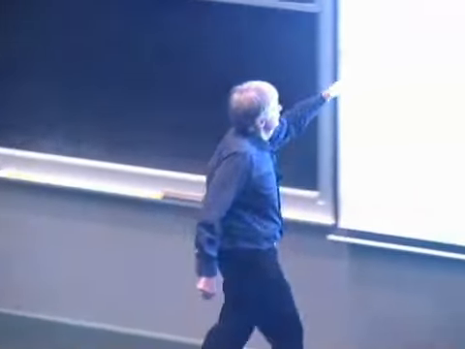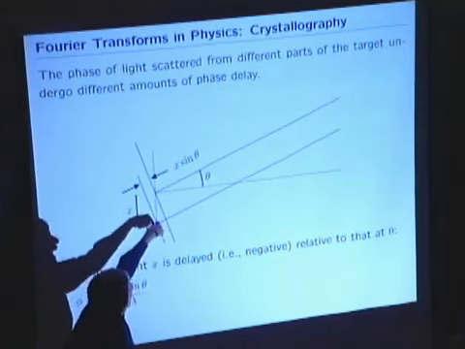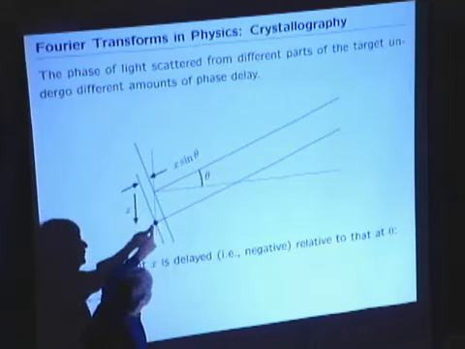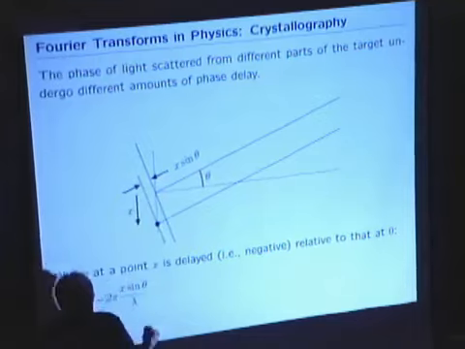This point that is x displaced in this direction contributes a different phase to the far field than a point that's at 0. Because the point's at x, you get a different phase. And that phase relationship depends not just on x, but also on the angle.